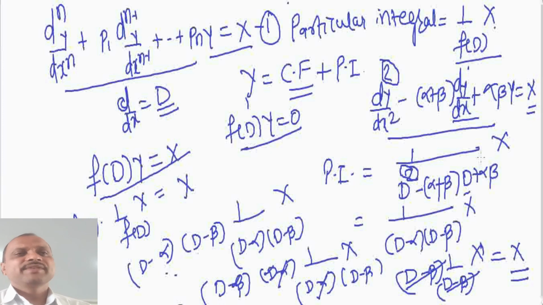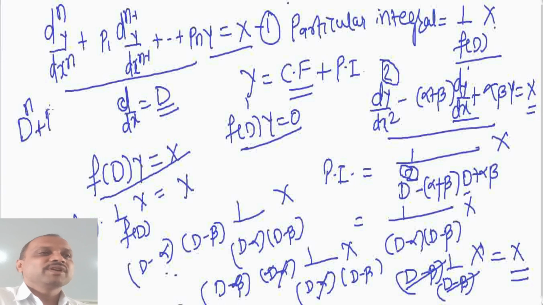So friends, this is the theoretical part of the operator D. This operator is very useful for finding the particular integral. So remember these things, how to write the powers of D, whatever the degree may be. The same equation, d raised to n by dx raised to n, we write as D^n plus p1 into D^(n-1) plus ... plus pn, and all these are operating on y.